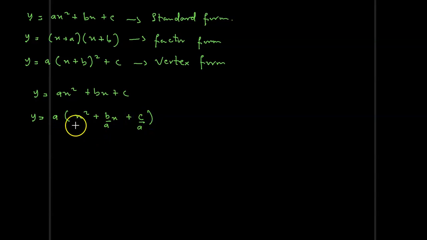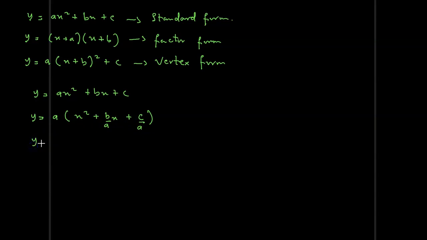That is, first we need to factorize out the coefficient of x squared to make it 1, and that is why we had it as that. And then the next step we need to consider is to make x squared plus b over a x what we call a perfect square. So how do we do that?